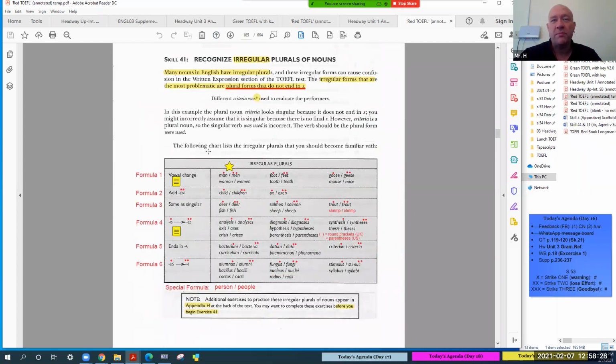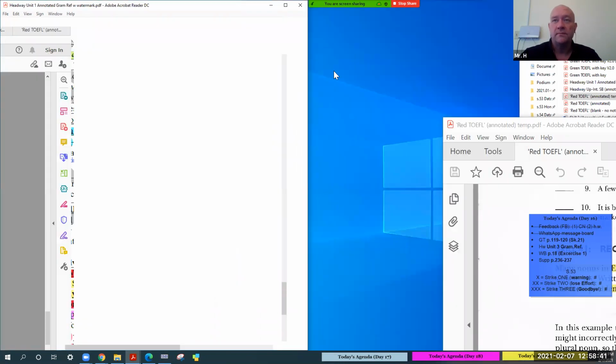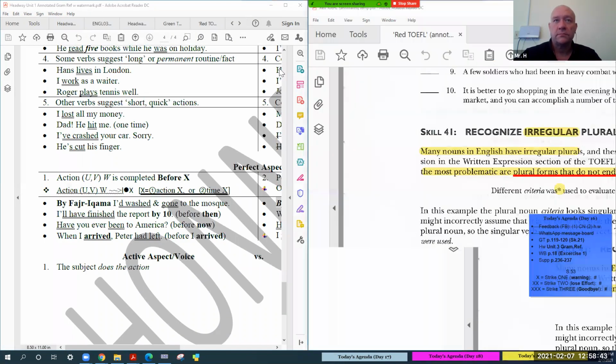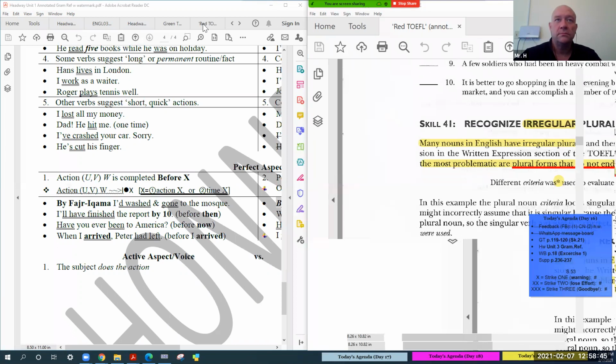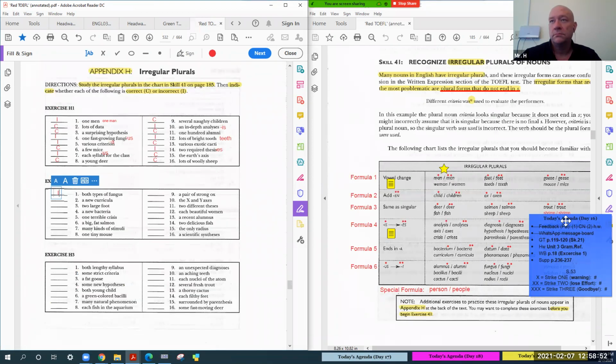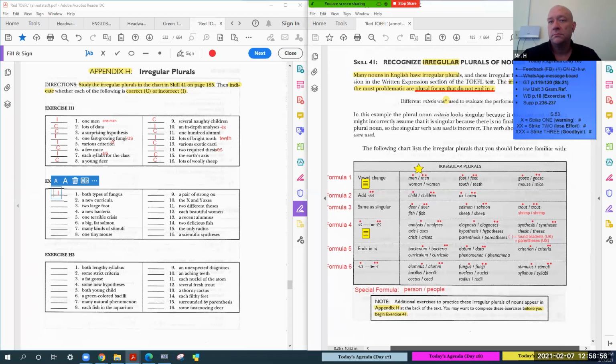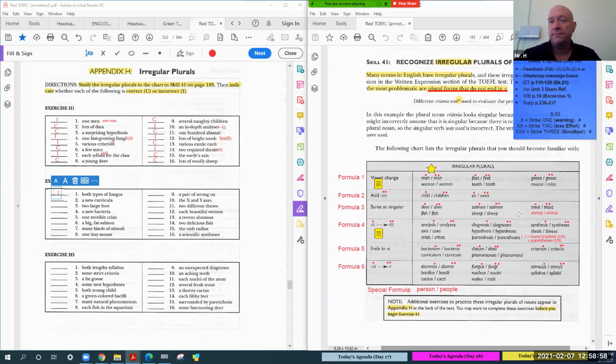You have to remember the formulas so that you can answer the exercise. Okay. So we'll put them side by side. See the formulas, gentlemen?